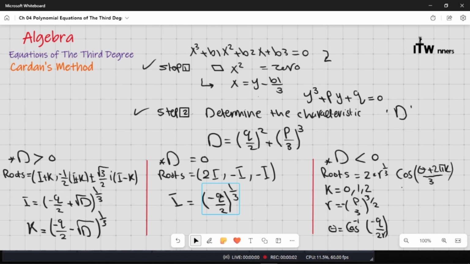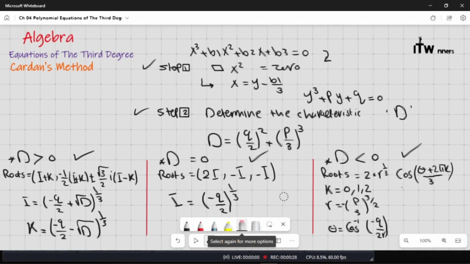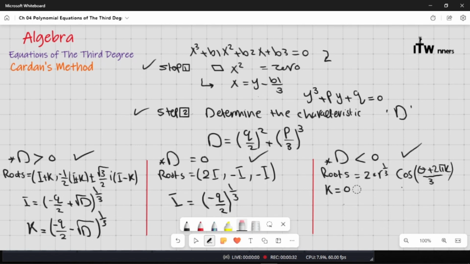The characteristic d might be greater than 0, equal to 0, or less than 0, and we obtain our three roots. So let's remove that and start with the first example.